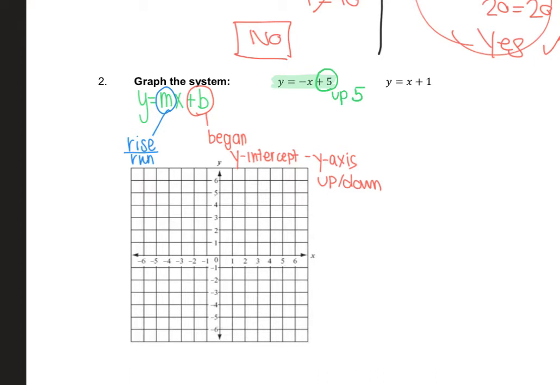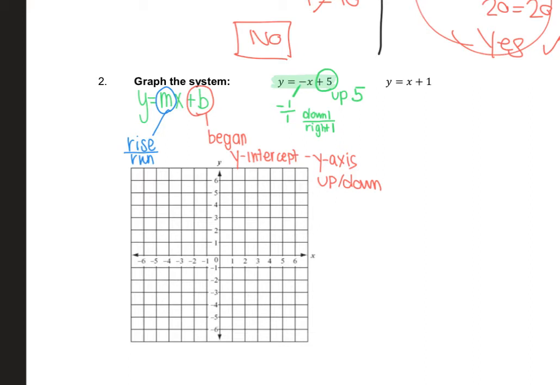And if I look, what's my fraction before the x? It's -1 over 1. So I'm going down 1, right 1.